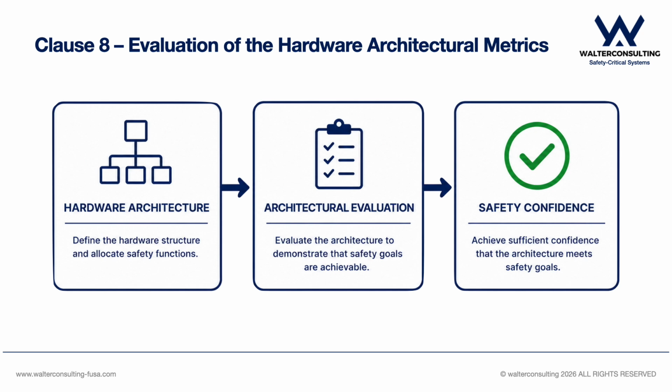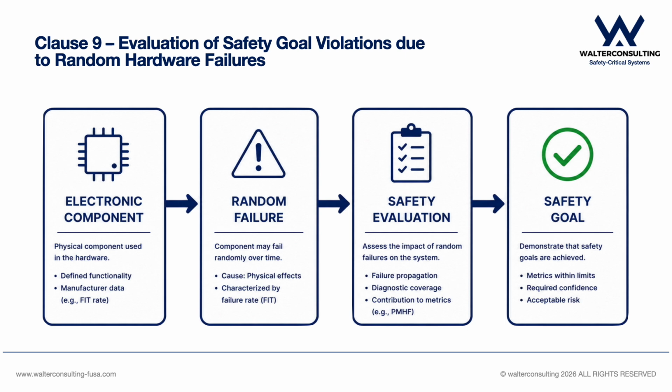Another important aspect of hardware safety is the consideration of random hardware failures. Electronic components can fail, even when they are designed correctly. Some failures occur randomly during operation. Part 5 requires organizations to evaluate how these random hardware failures could affect the achievement of safety goals.